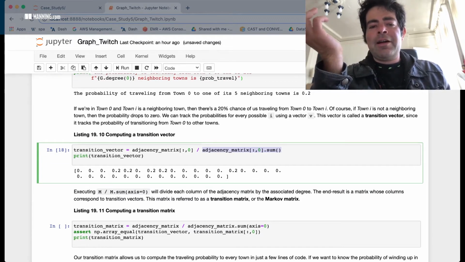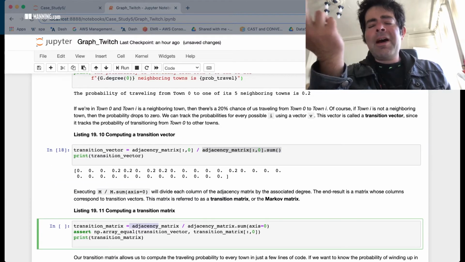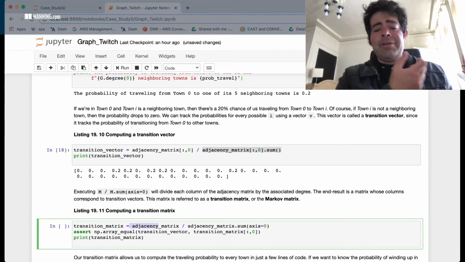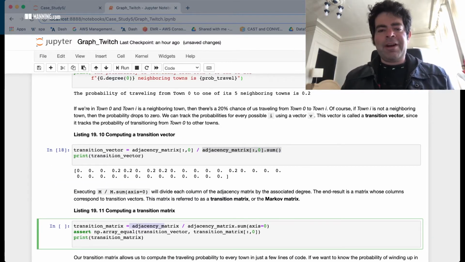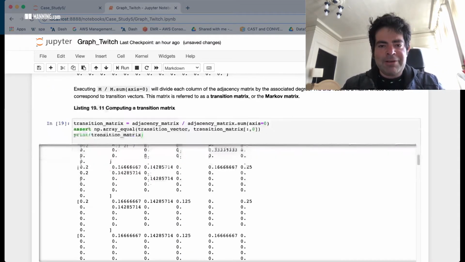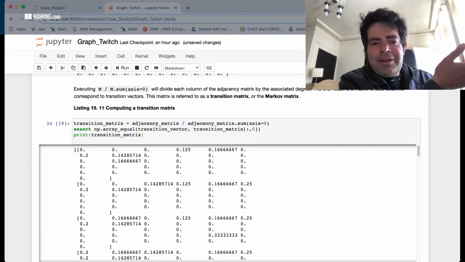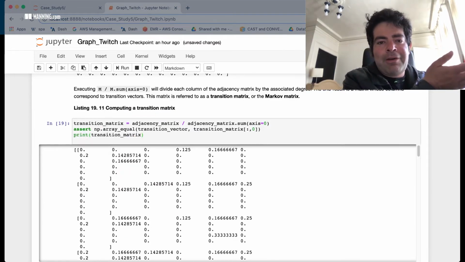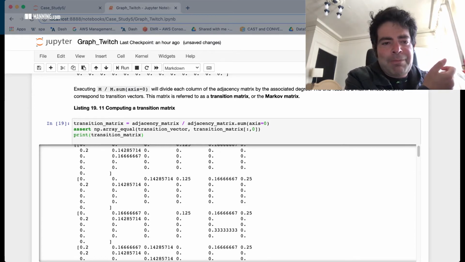And in NumPy, computing a transition matrix is incredibly easy. We just take the matrix itself and divide it by the sum across all of the matrix columns. And here we go. We have a transition matrix. It looks exactly like the adjacency matrix we looked at before, only now the values are no longer binary. They represent probabilities.